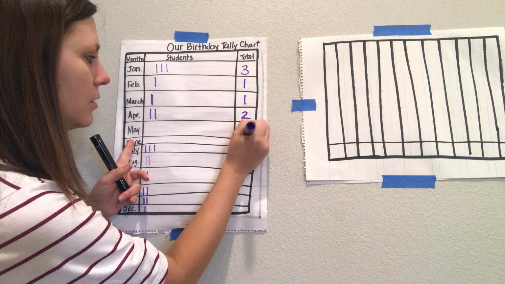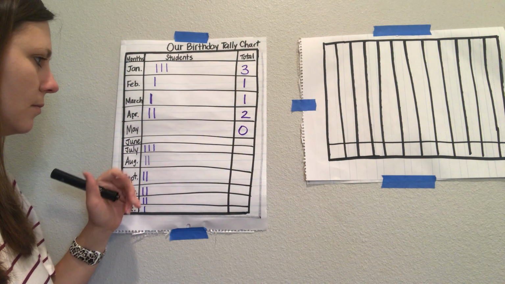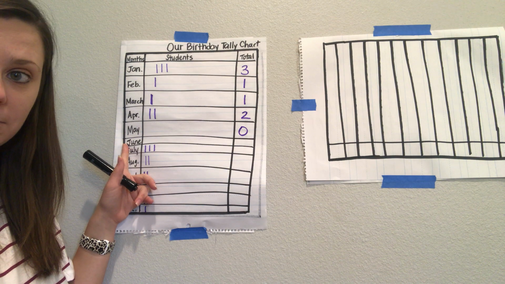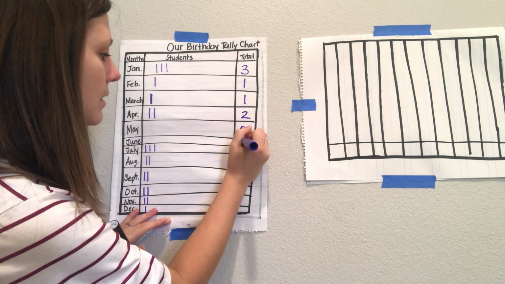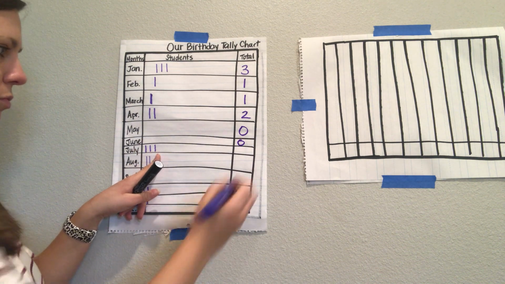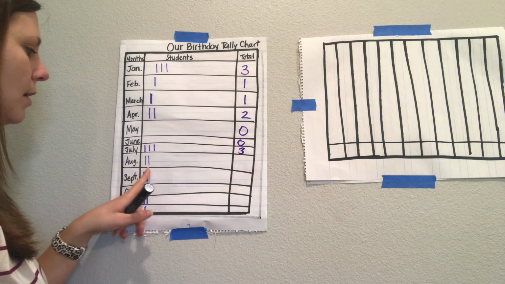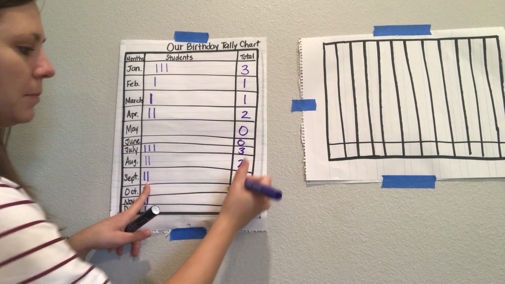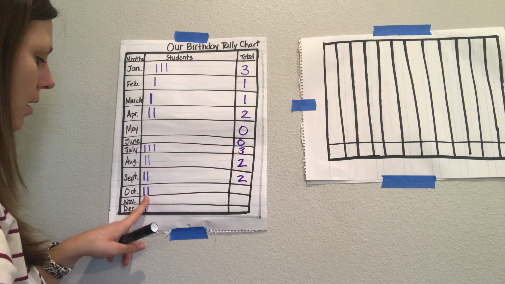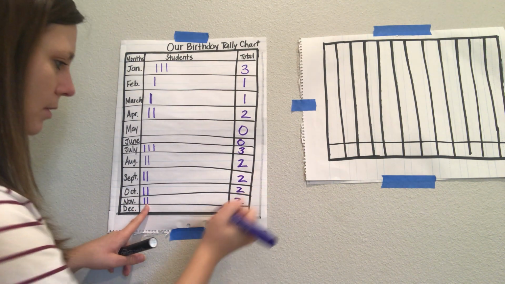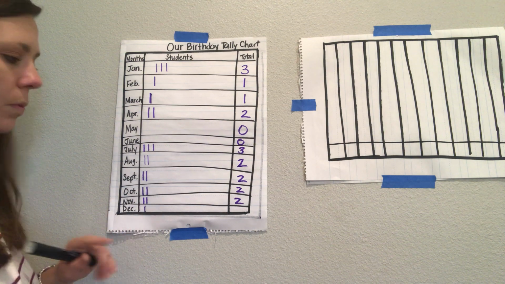There are 0 students. How many students had a birthday in June? Again, 0 students. In July, there were 1, 2, 3 birthdays. In August, there were 2. In September, there were 2. In October, there were 2. November had 2, and December had 1.